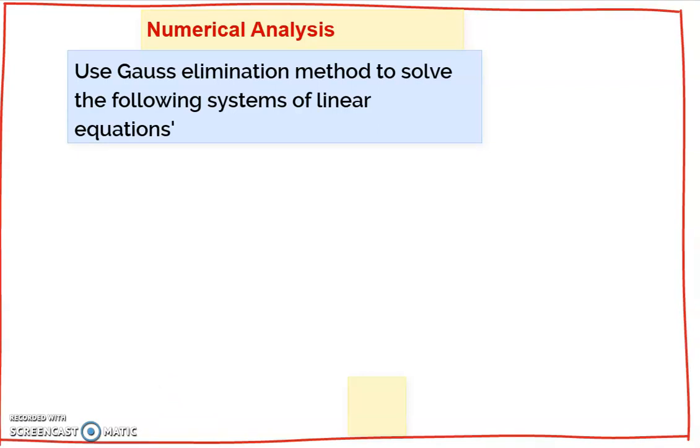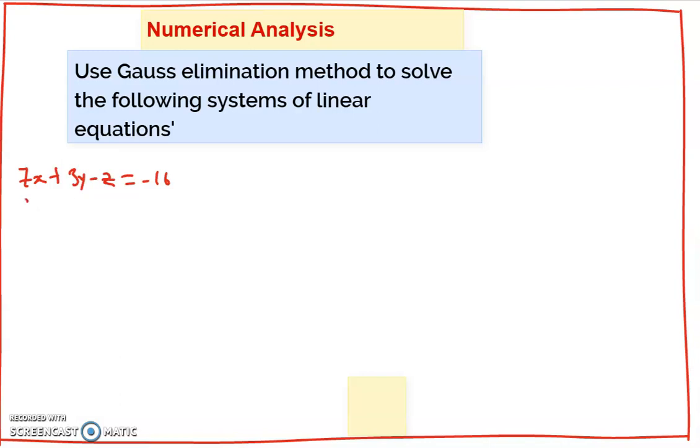So here we've got the equations. We have 7x plus 3y minus z, and this is equal to negative 16.